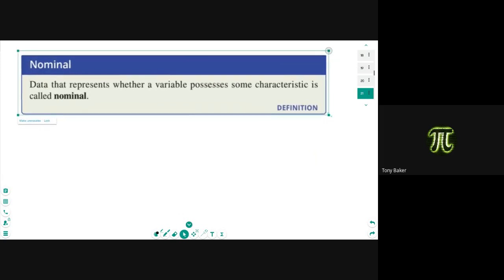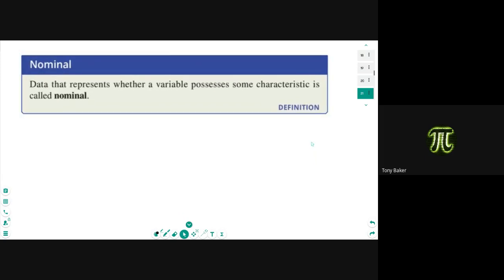Nominal. Nominal represents whether a variable possesses some characteristic, or data that represents some variable of characteristics. These are qualitative. So nominal data points are qualitative. This is where your colors would come into play.